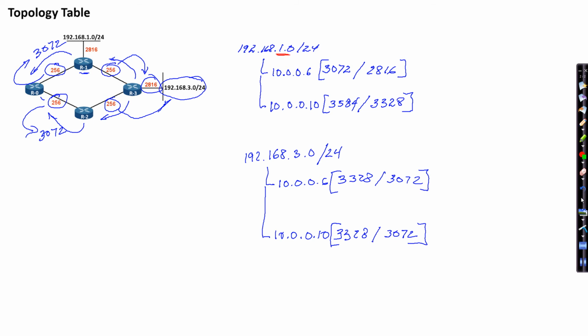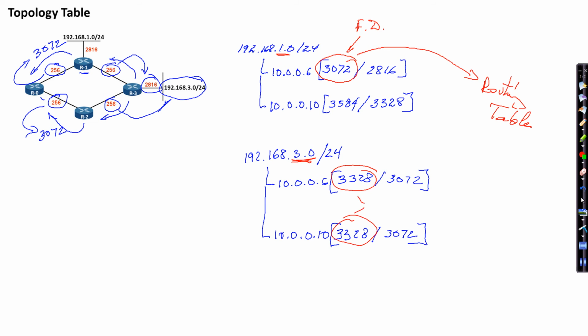With the 1.0, this is its lowest number, so this is the feasible distance, and that network will be copied to the routing table. For the 3.0 network, both costs are the same, therefore both of them are feasible distances. Now router 0 has two successors, and both of these paths will be copied to the routing table.